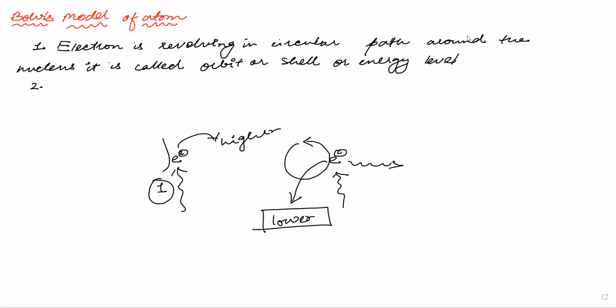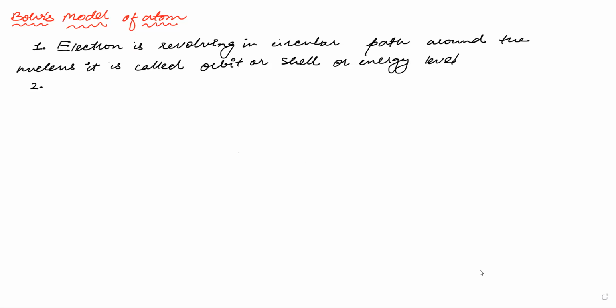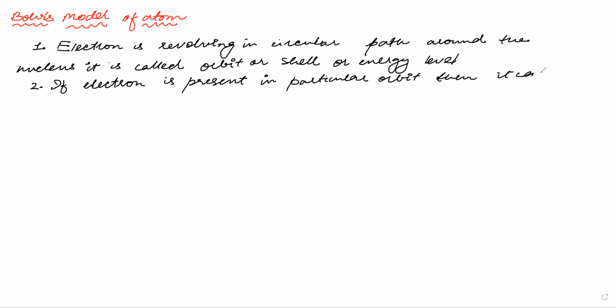This is the second point of Bohr model. Did everyone understand this point? Okay, if electron is present in a particular orbit, then it can neither radiate or emit nor absorb energy.